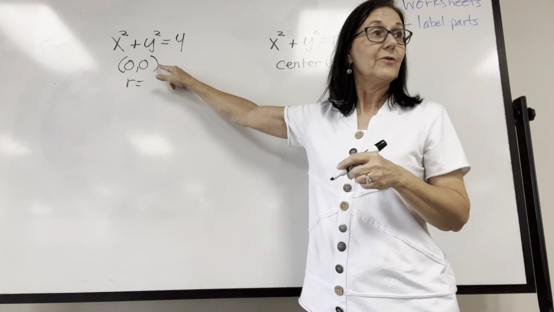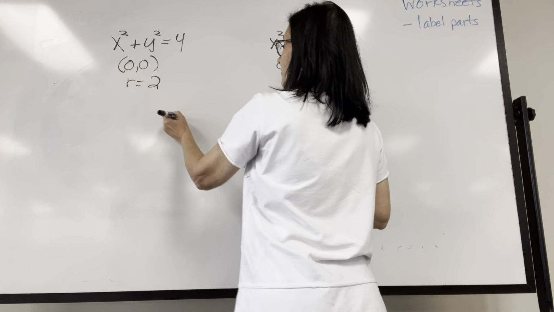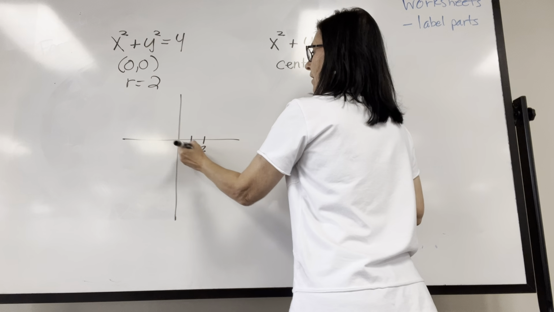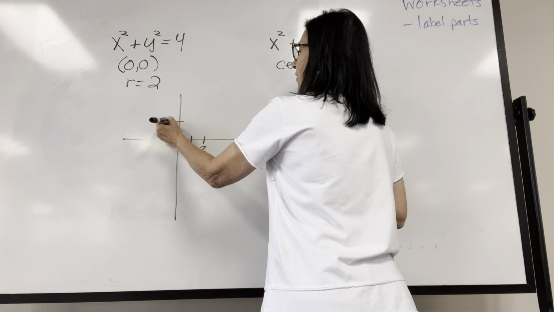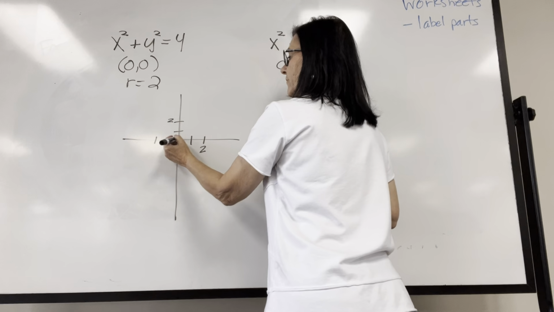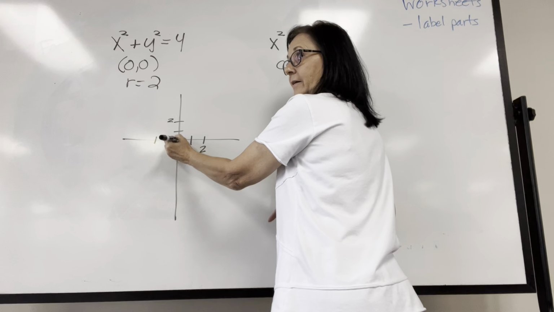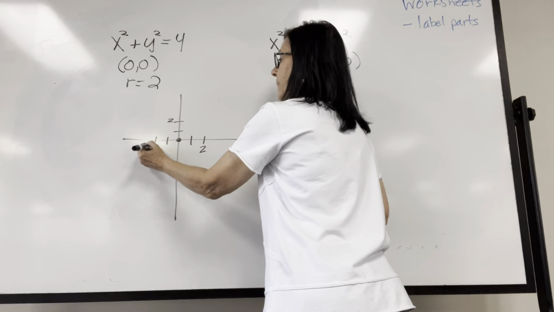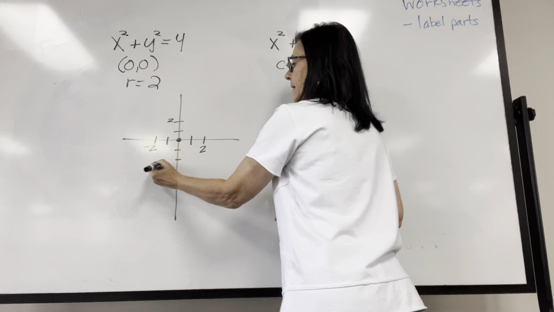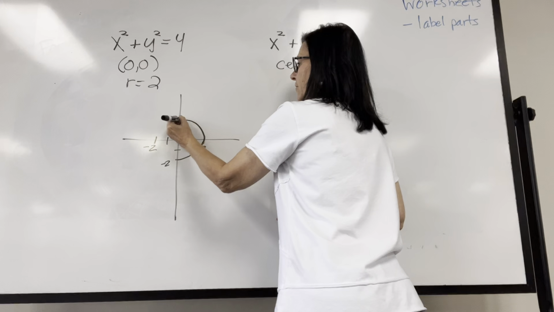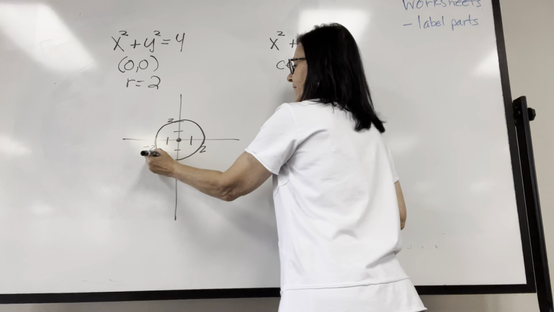So square rooted, and the radius is 2. How do you graph it? You go over 2, you go up 2. Here's my center. I'm going from the center in all 4 directions, back 2, down 2, and you graph your circle.